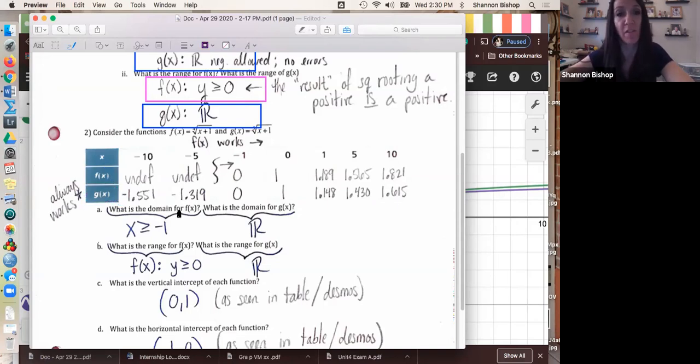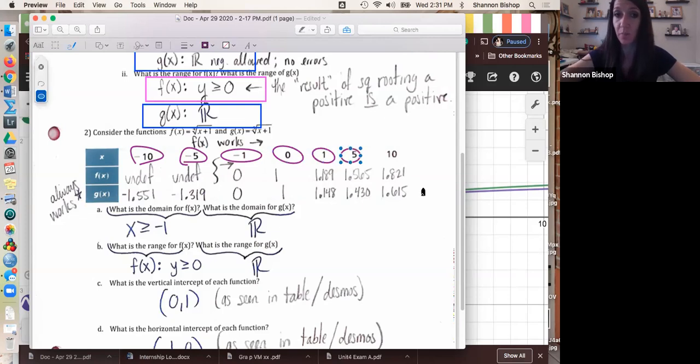So what's valid for f of x? Was -10 valid? No. Was -5 valid? No. Was -1 valid? Yes. Was 0 valid? Yes. Was 1 valid? Yes. Was 5 valid? Yes. Okay, so remember, your domain's job is to communicate what works.